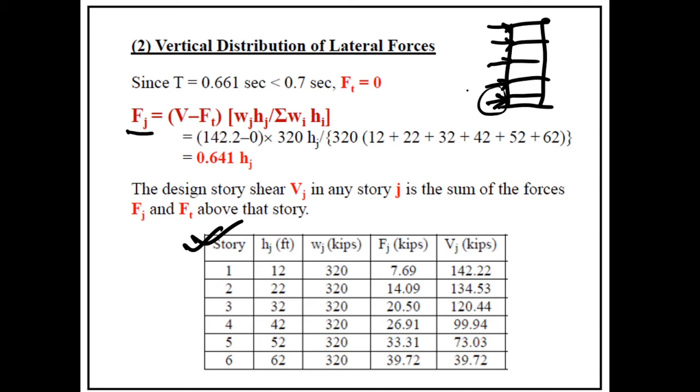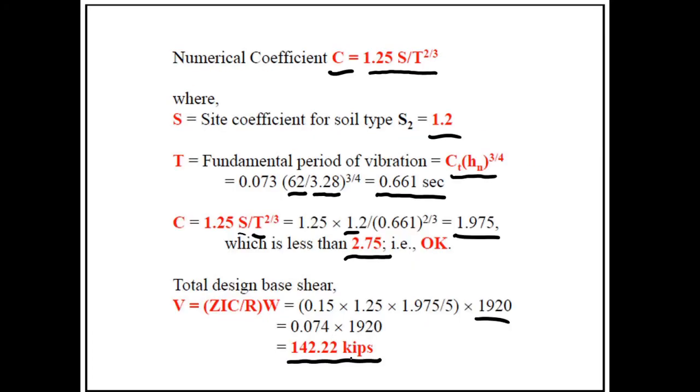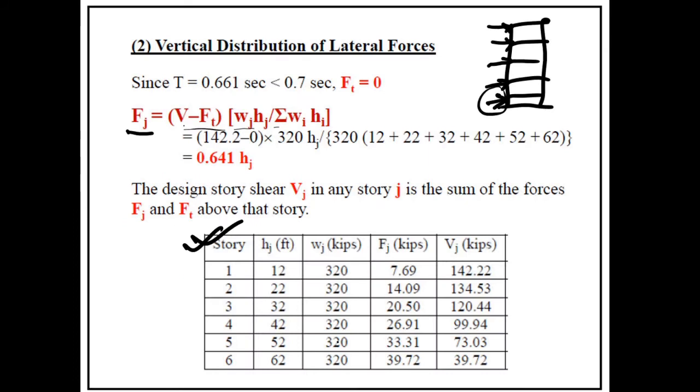So plugging all those in this formula, here we can see the value of V was calculated as 142.22 kips, plugging the value of V, plugging the value of Ft.